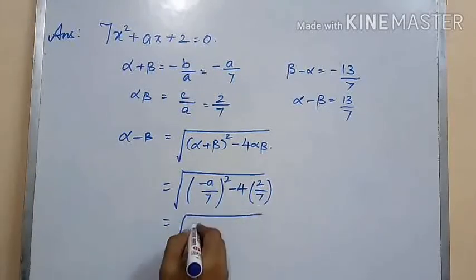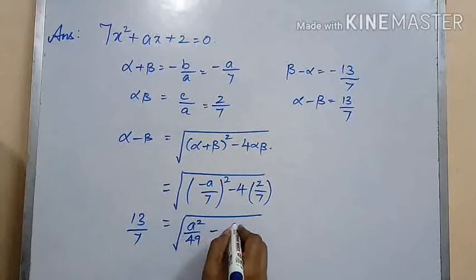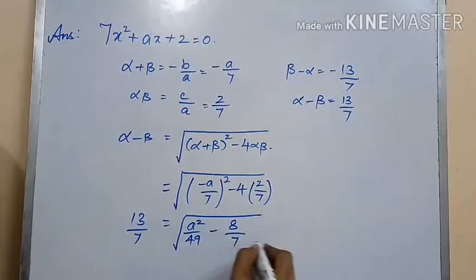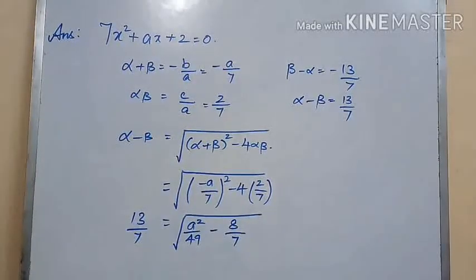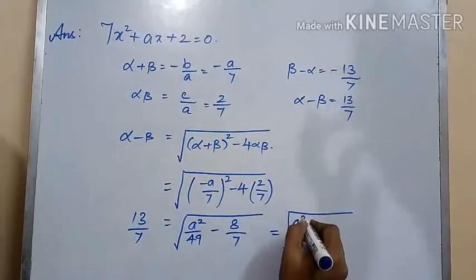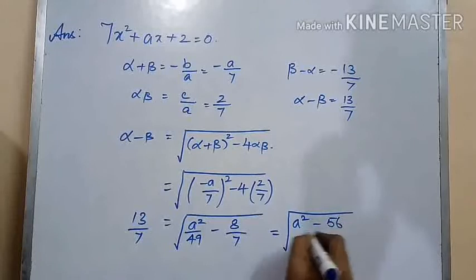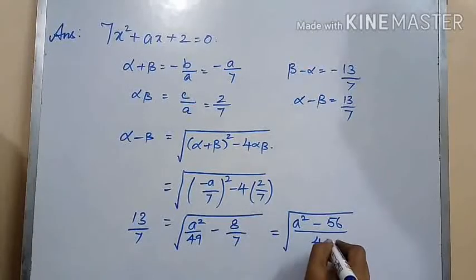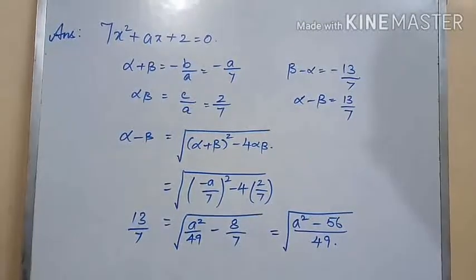So we get 13 by 7 is equal to root of a squared by 49 minus 8 by 7. Taking LCM within the root, we get a squared minus 56 by 49.